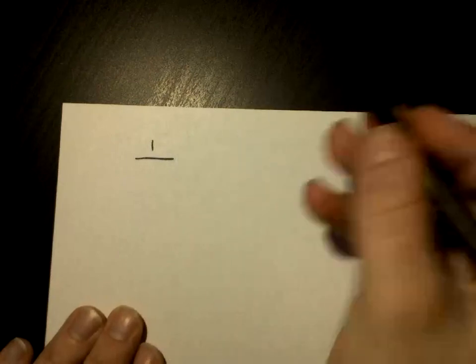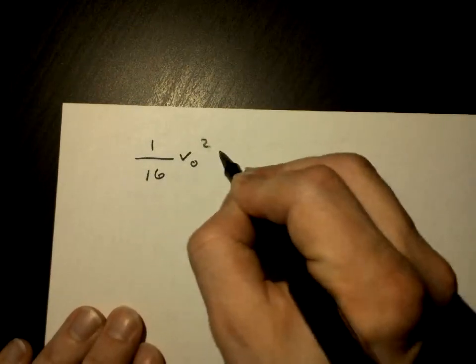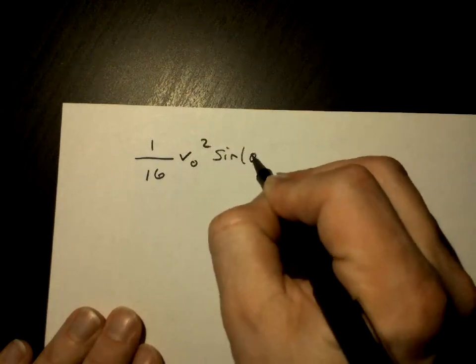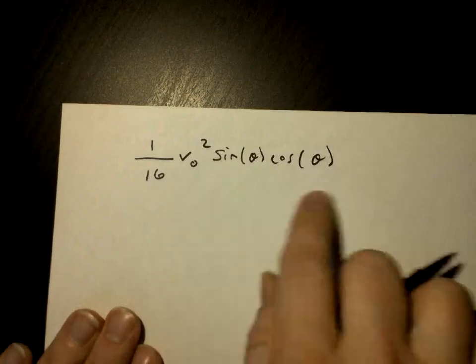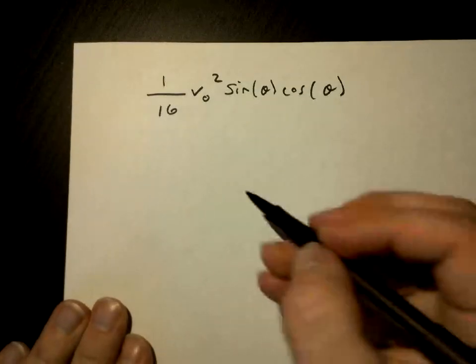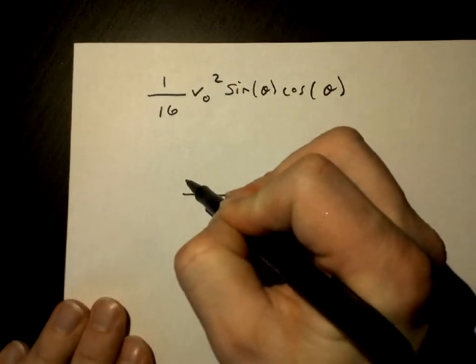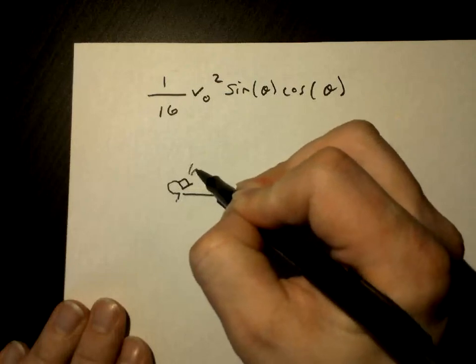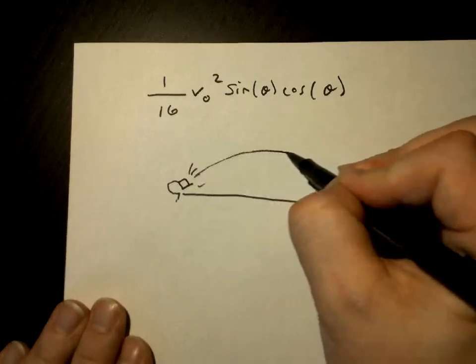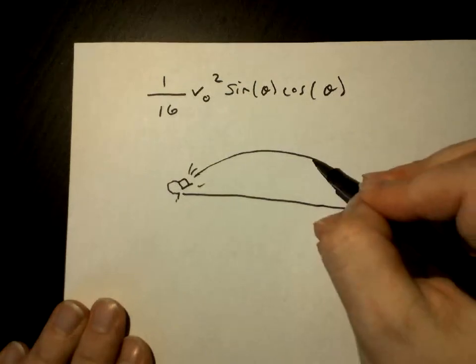So let's do this one right here. What if I had 1/16, velocity squared, sine theta, cosine theta. And if you don't know anything about physics or this kind of equation, it's like you have a cannon, it fires a cannonball, or maybe a baseball player or football player throwing a ball.